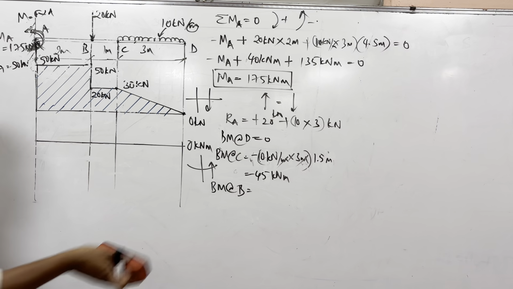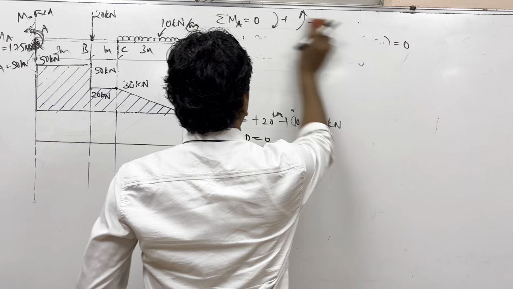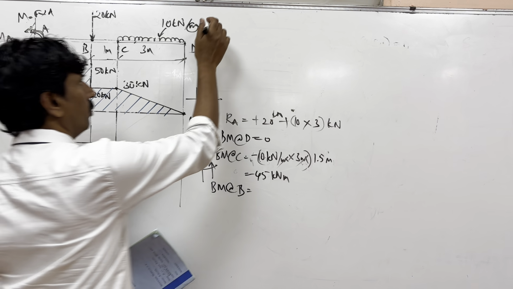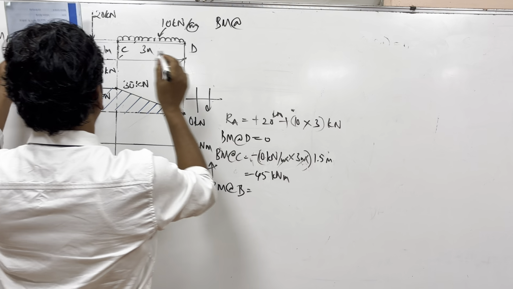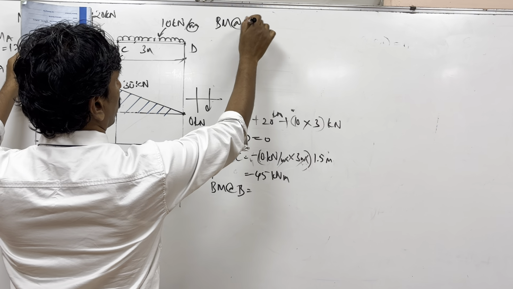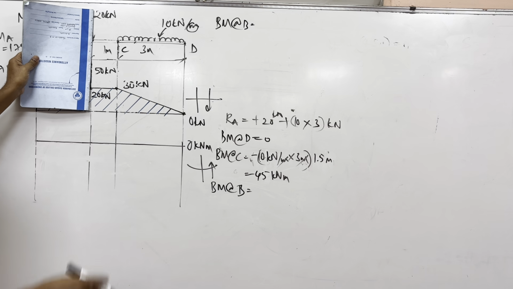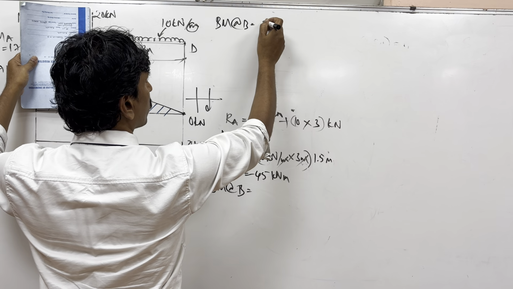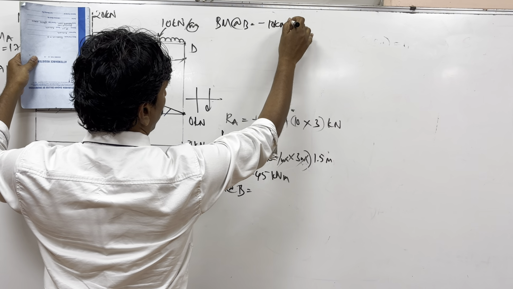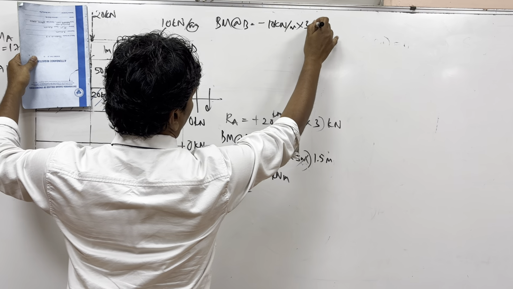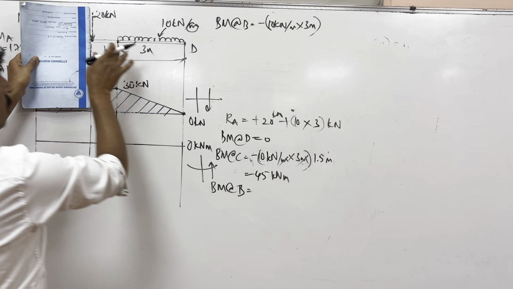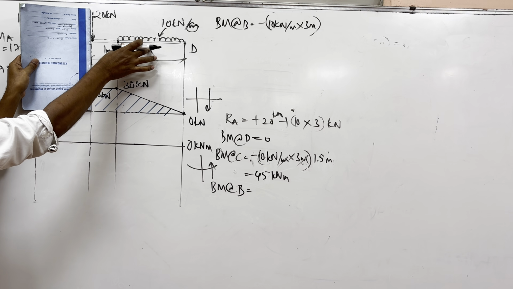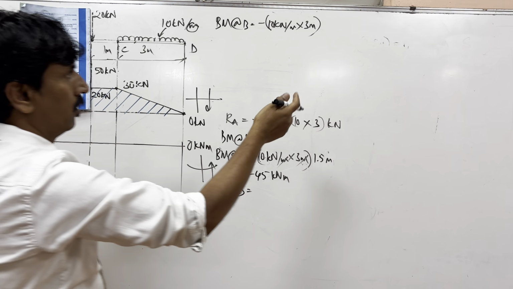So okay, right above. Bending moment at B. Bending moment at B here. So what is the answer, guys? This 10 kilonewton, is it plus or minus? Minus, going downwards, into 3 meters, acting at what distance? 1 plus 1.5, so that is 2.5.